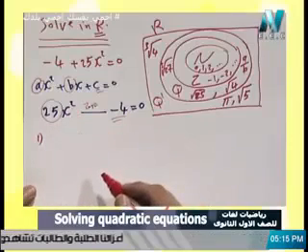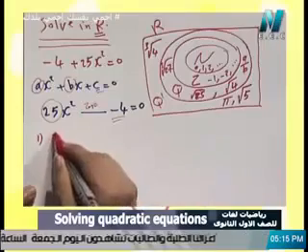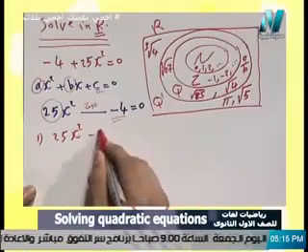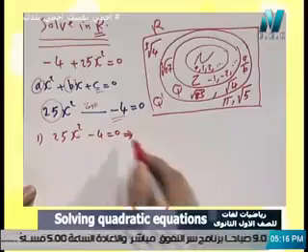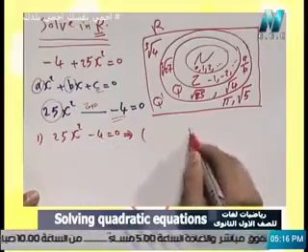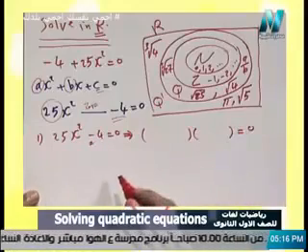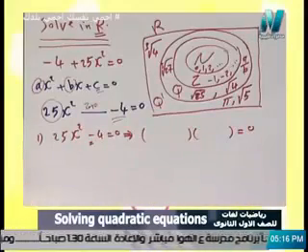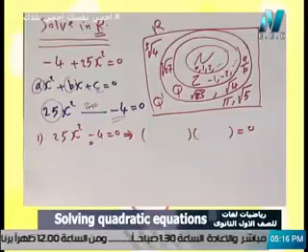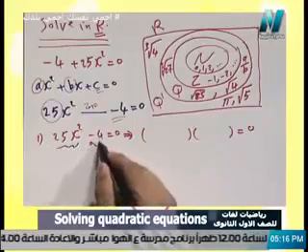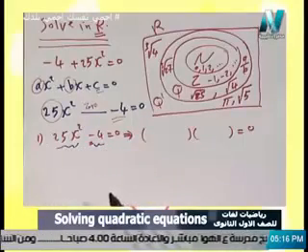We can use factorization, put it like that, 25x power 2 minus 4 equals 0. By using factorization, we can factorize it as a difference of two squares. As we know, difference of squares means this is a complete square of 5x, and this term is a complete square of 2.